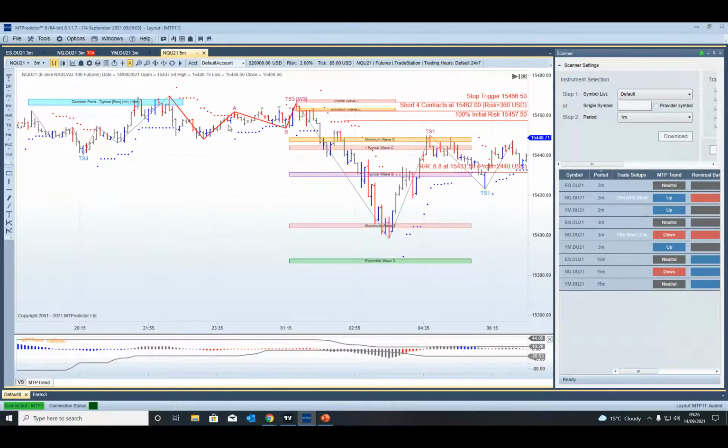So this is the important thing to understand with trading, is that it's not about the percentage of winners. You will get losses, but the trick is keeping those losses small. Because when the profits come through, all the MT Predictor trade setups, particularly the W3, which is the wave 3 trade setup, which we've looked at before, and there are webinars specifically on that, and our VS setup, the volume spike setup, both of them are geared towards trade setups that, when they are right, are big.